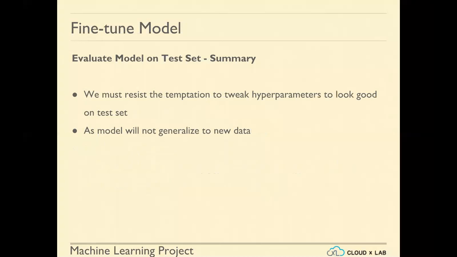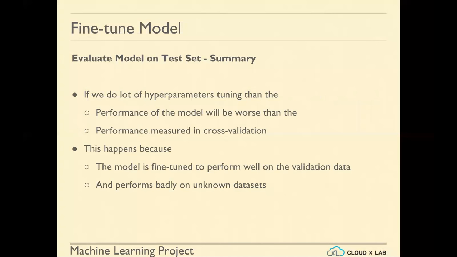Remember that when we gave the entire data set to random forest, it gave us 0 error. In decision tree, probably it also gave us 0 error. Basically, it overfit the entire thing. So that's why we have to be cautious with hyperparameters.